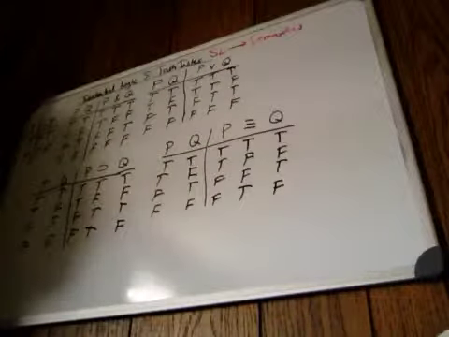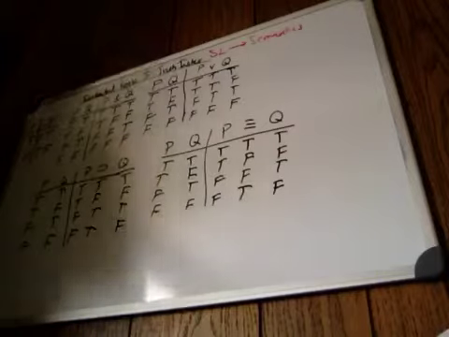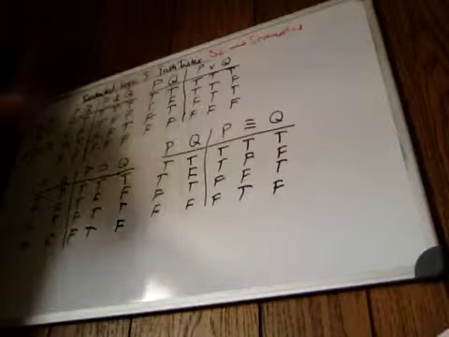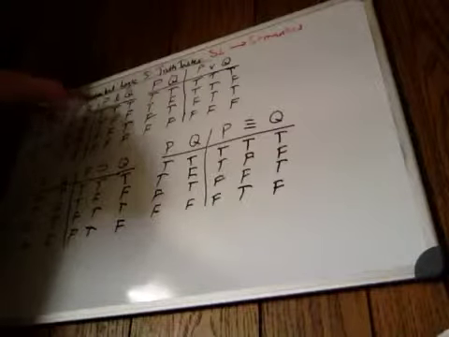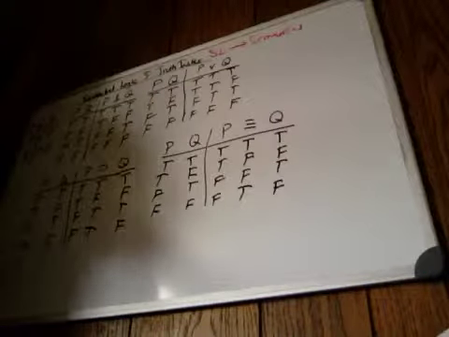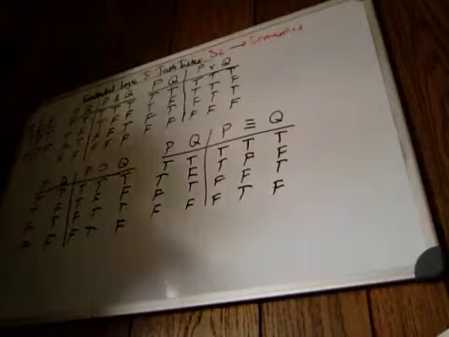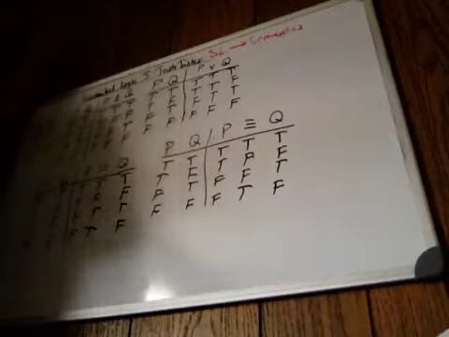If you know what your value is for each of your sentential letters, and you have memorized these, then you should know what the value of the whole thing is.